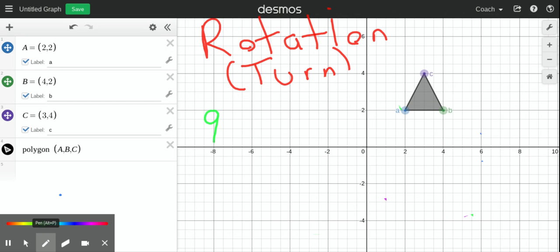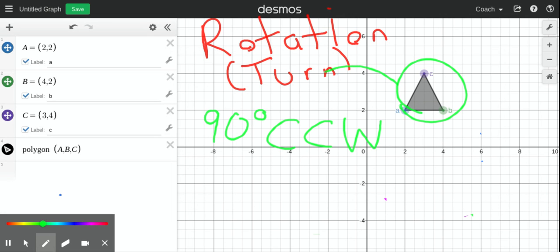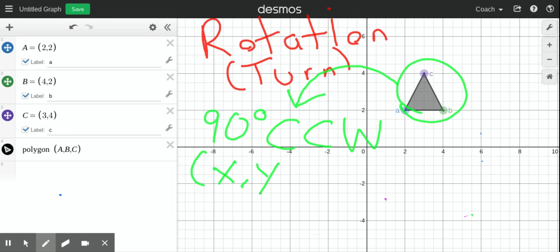Okay, if we're asked to do a 90-degree counterclockwise, first things first, if we're taking this triangle right here, we're going to move it this way 90 degrees. So we have (x, y) going to change. The x and y are going to flip-flop again, but this time the y is negative, or changes sign, and the x stays the same.